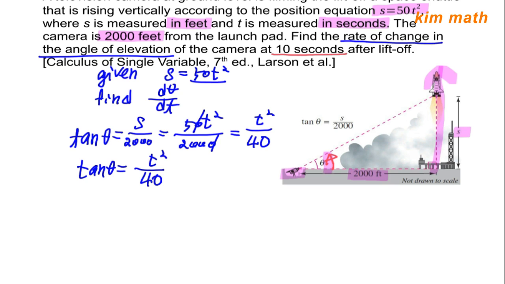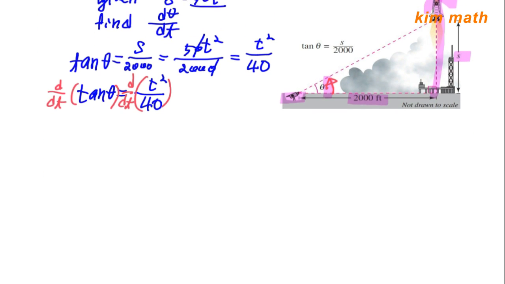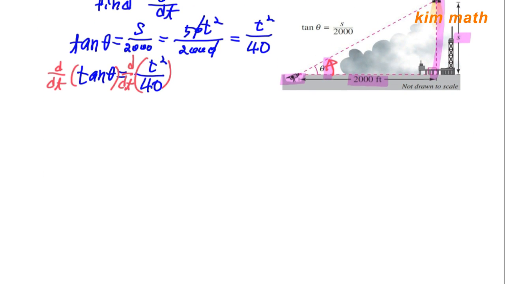both sides with respect to time. Now the left side: the derivative of tangent is secant squared, so secant squared theta, then d theta/dt by implicit differentiation, right?